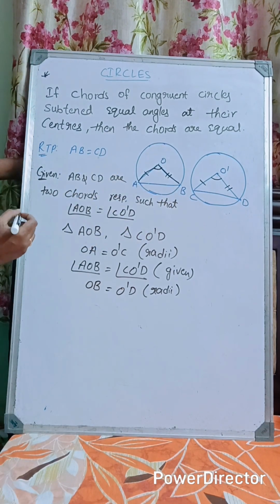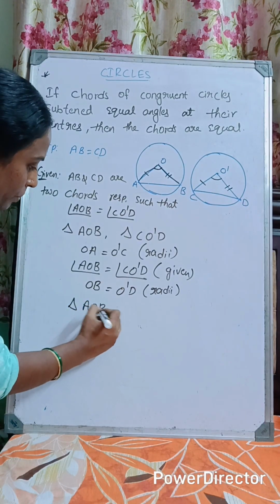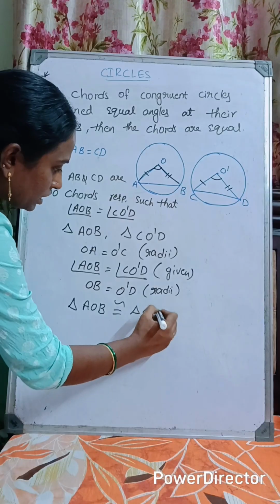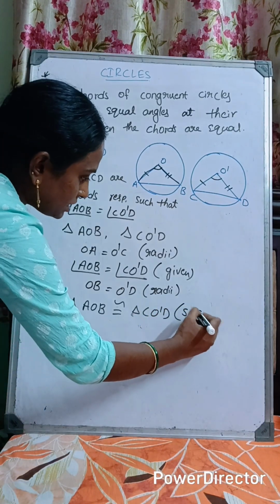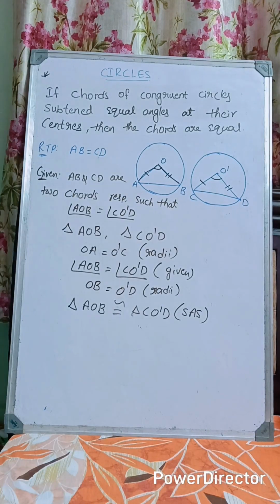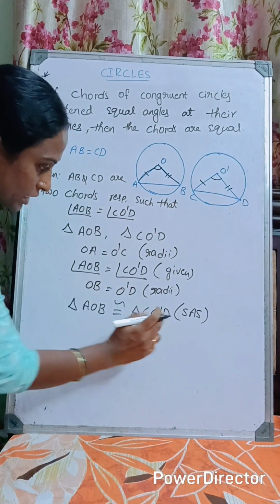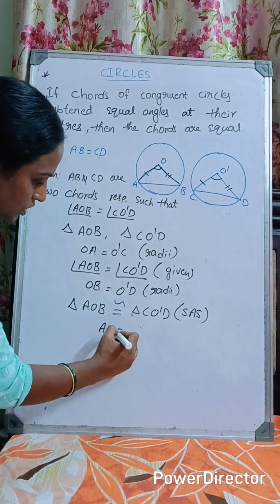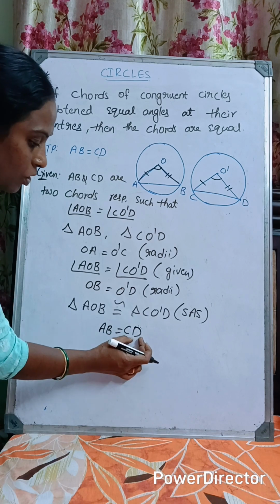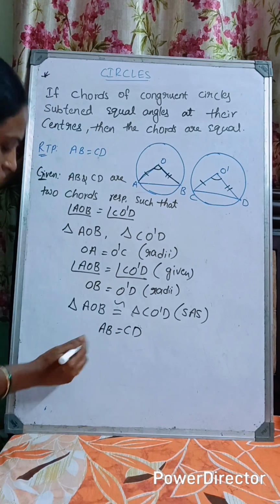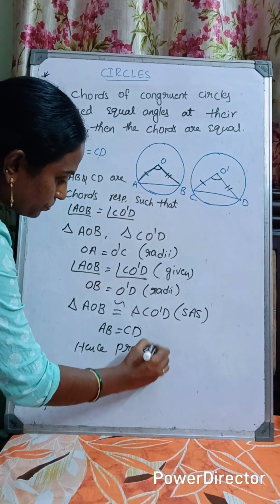So, by SAS congruency criterion, triangle AOB is congruent to triangle CO dash D. So, from CPCT what can I write? AB length will be equal to CD length, right? Yes. AB is equal to CD. That means the chord length AB will be equal to the chord length CD. That is what we were required to prove. So, this is the proof.